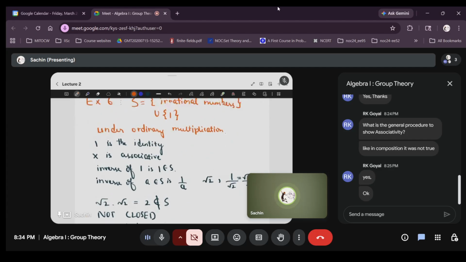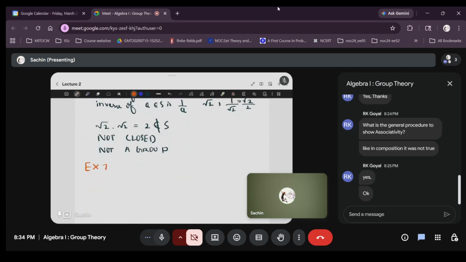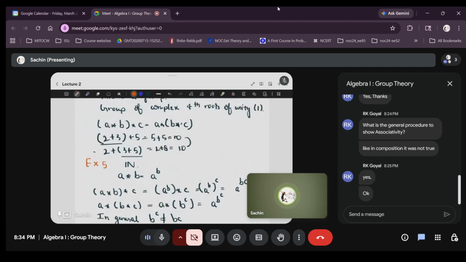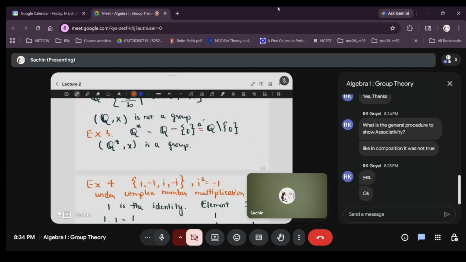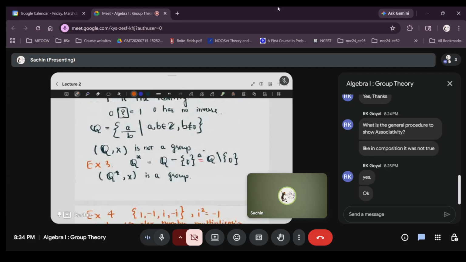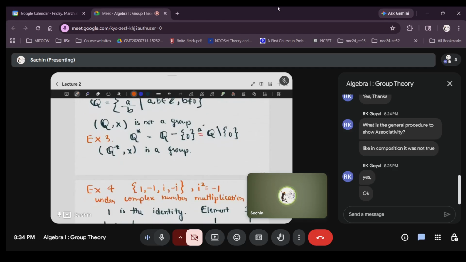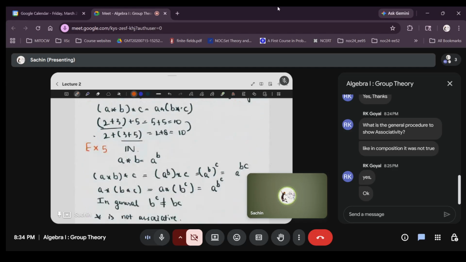The next example is, so earlier we saw that if we remove 0, Q star is a group under multiplication.